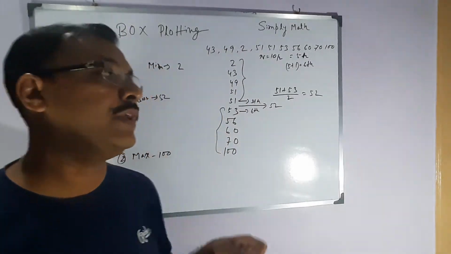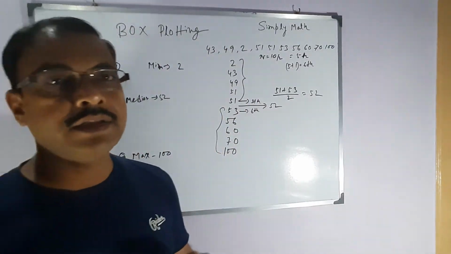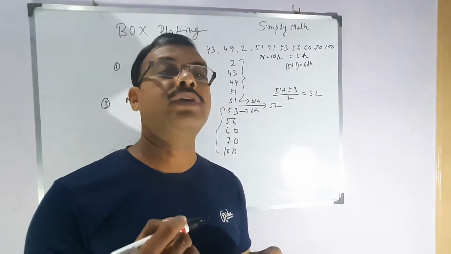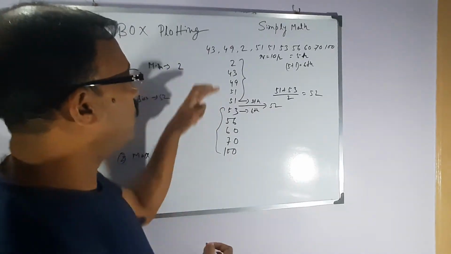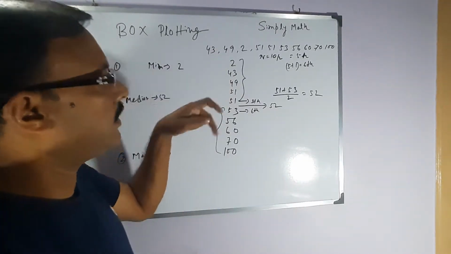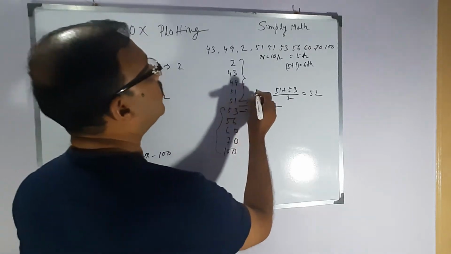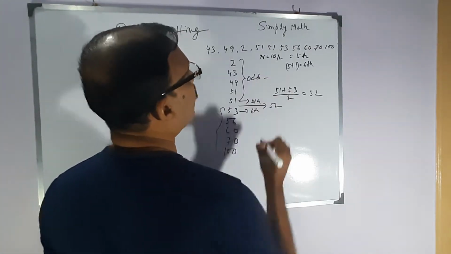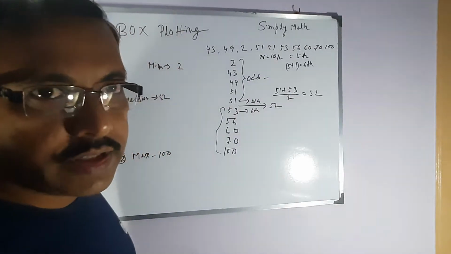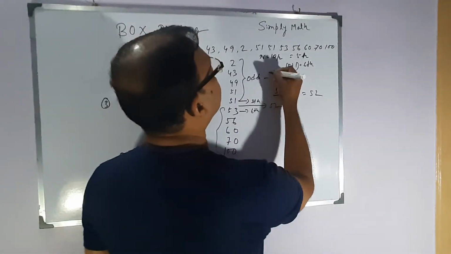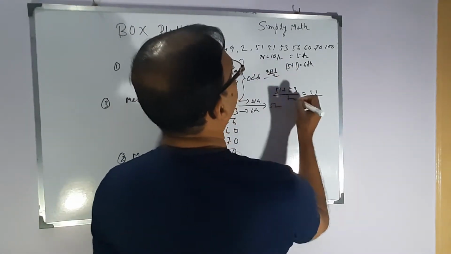If it is an odd number series, the formula is n plus 1 by 2, right?